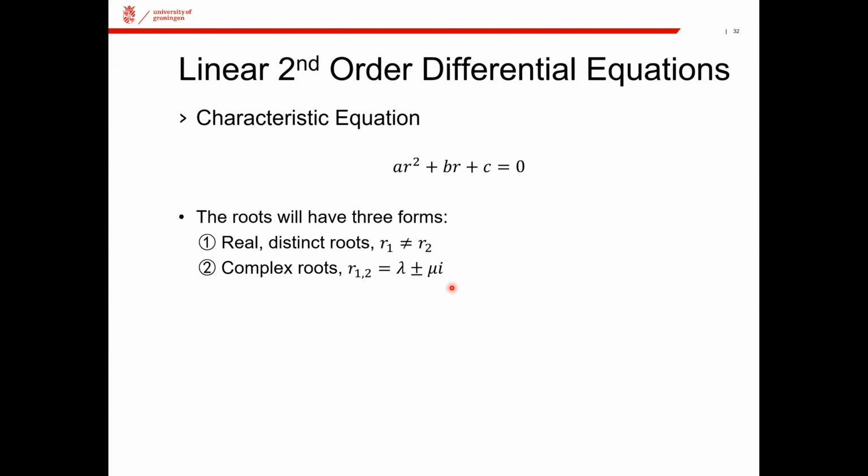So we will have complex roots, lambda plus mu times i, where lambda is a real number and mu is also a real number. And the third type is the double root. So the equation has 2 same roots, r1 equals r2 equals r.